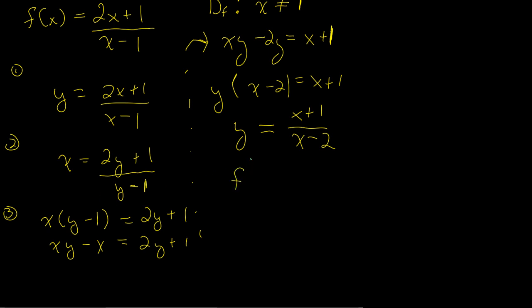And I'm now going to call this my inverse function of f. Notice the inverse has a domain restriction that x cannot equal 2. Which kind of suggests that in the original function, 2 wasn't popping out.